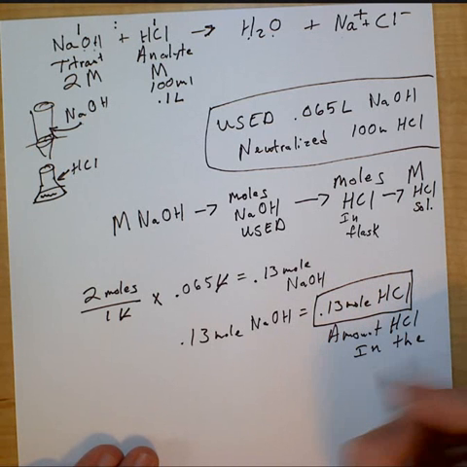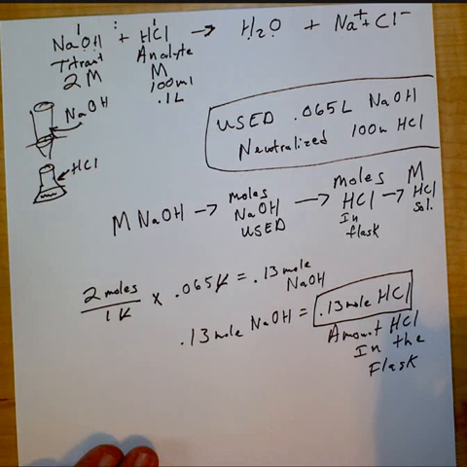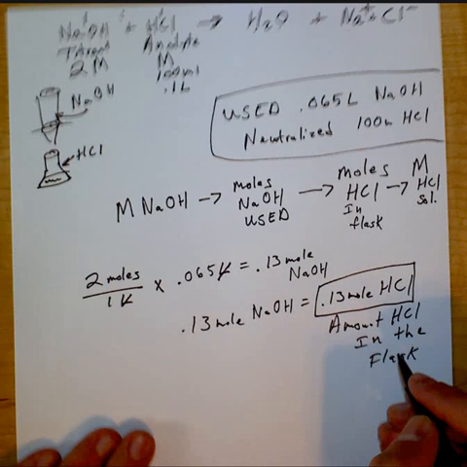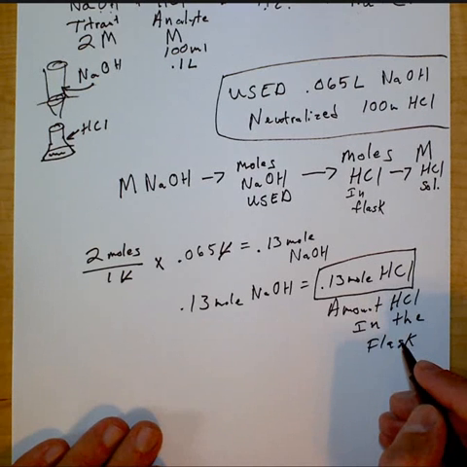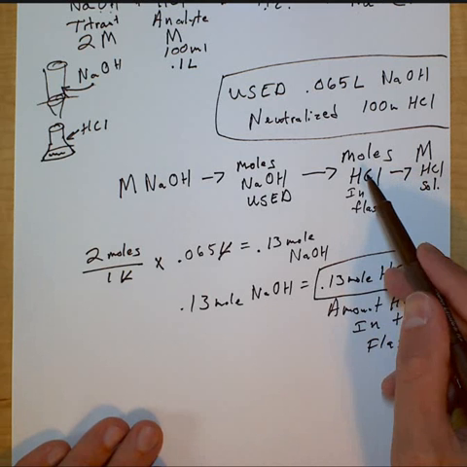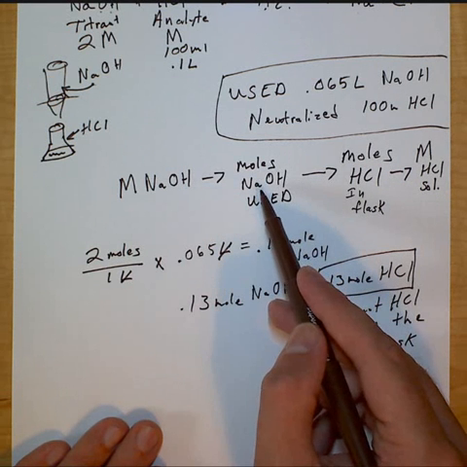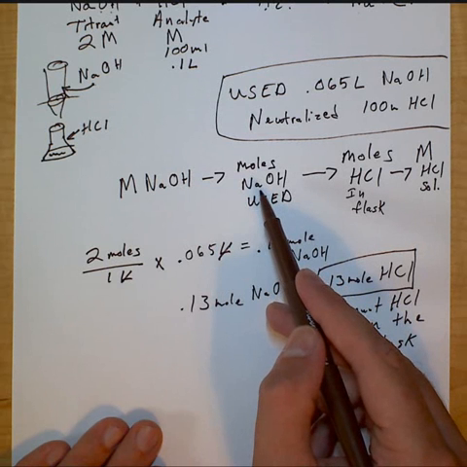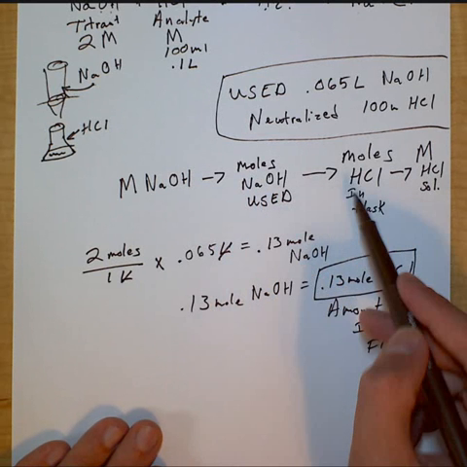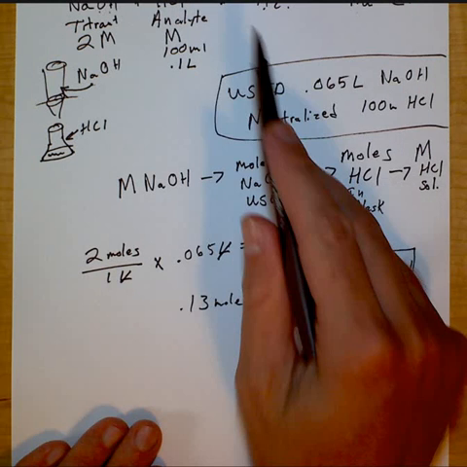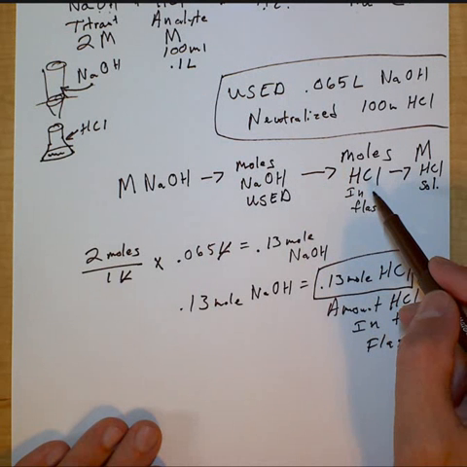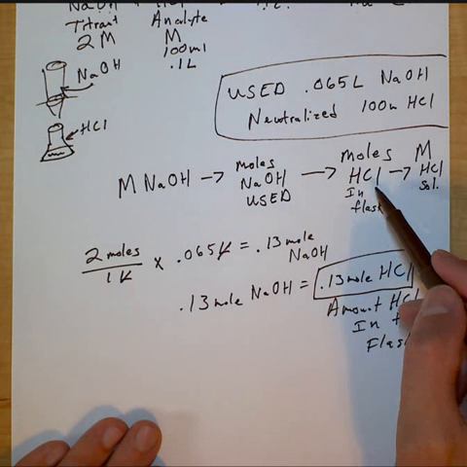So now I know this. I've gone from here to here. I've determined how many moles of NaOH I used. The number of moles I used of NaOH is equal to the moles of HCl based on my balanced chemical formula. And because I started off with 100 milliliters of hydrochloric acid, I can now find the molarity. It's very simple.